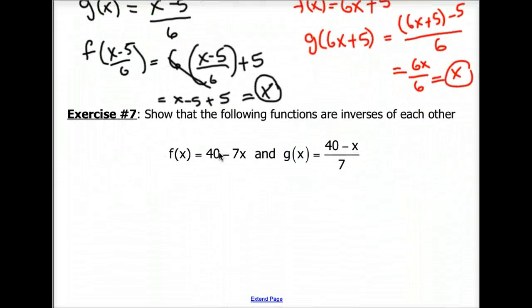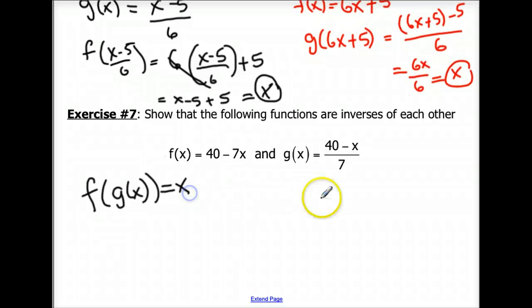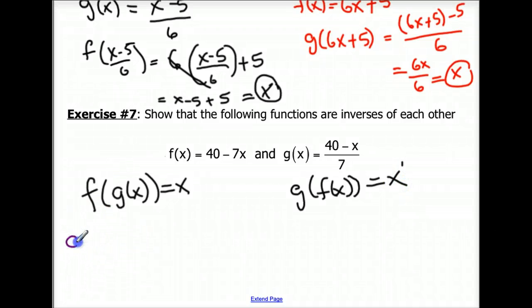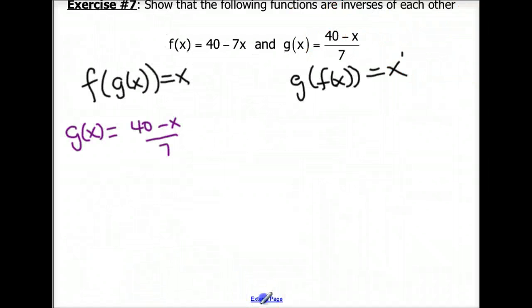Moving on to example 7, I want to show the same exact thing, that these are inverses of each other. So I have to start with f of g of x. I want to show that it's equal to x, and I want to show that g of f of x is equal to x. So what is g of x? Work from the inside out. G of x is equal to 40 minus x over 7. So now I want to find f of 40 minus x over 7.